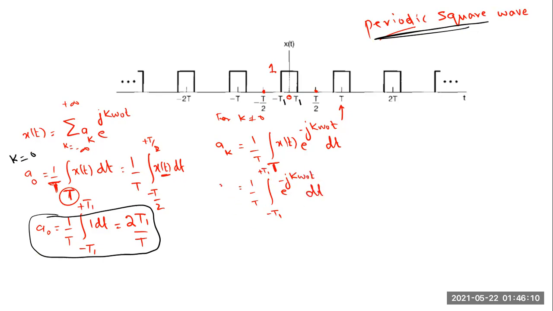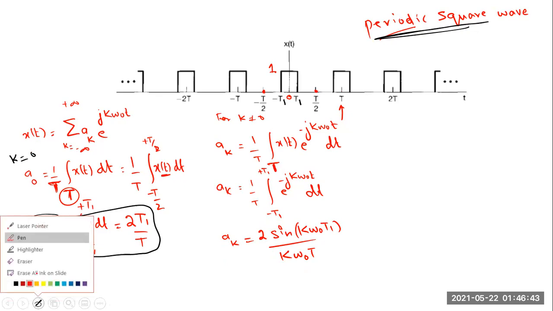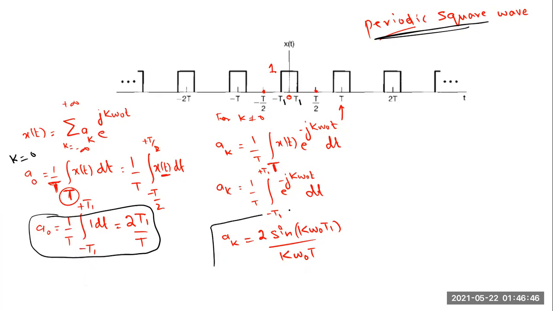Now, this is a simple integral that you can easily solve. So I'm going to write down the answer that you will get: a_k equals 2 sine of k omega naught t1 divided by k omega naught T. So this is what you get for this periodic signal.